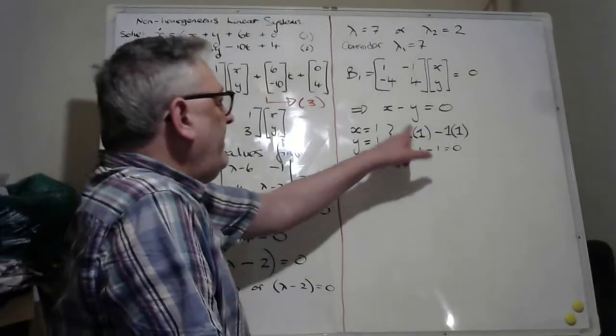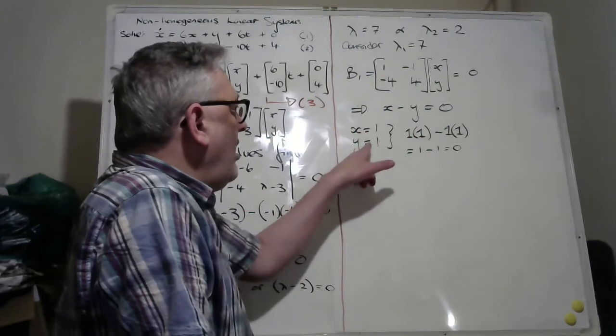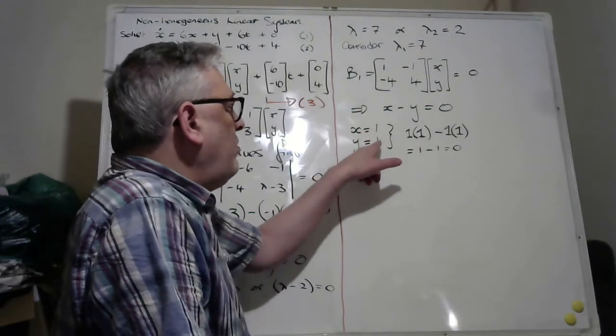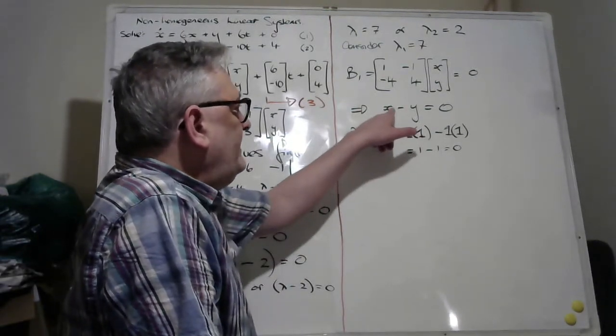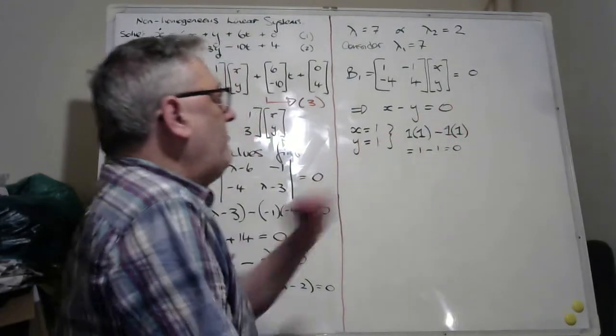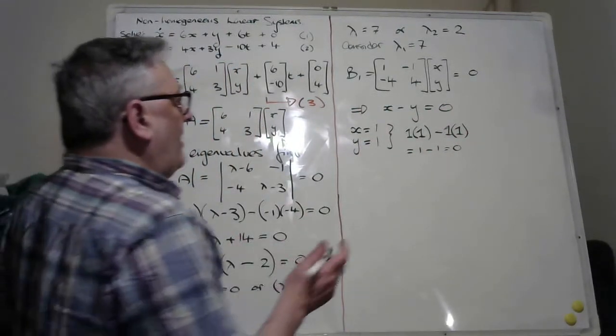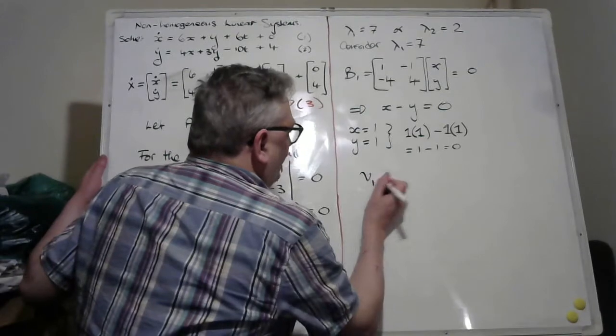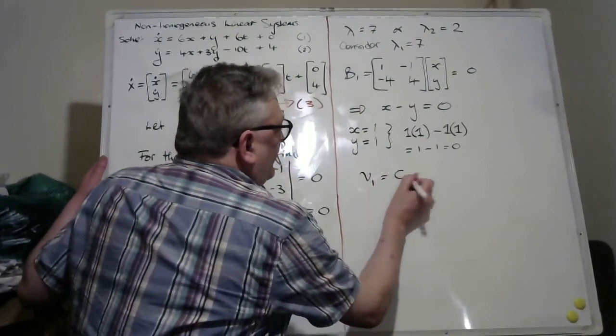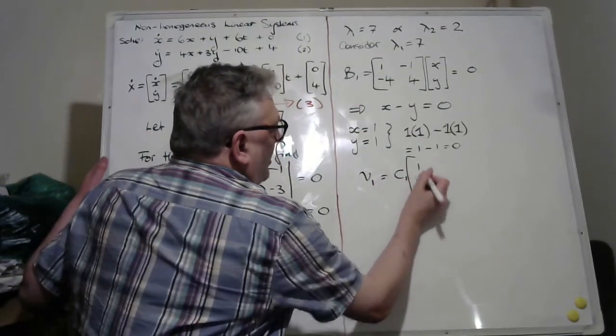So because x equals 1 and y equals 1 results in that equation being equal to 0, we know we have two components of our first eigenvector v1, which is c1, 1 and 1.